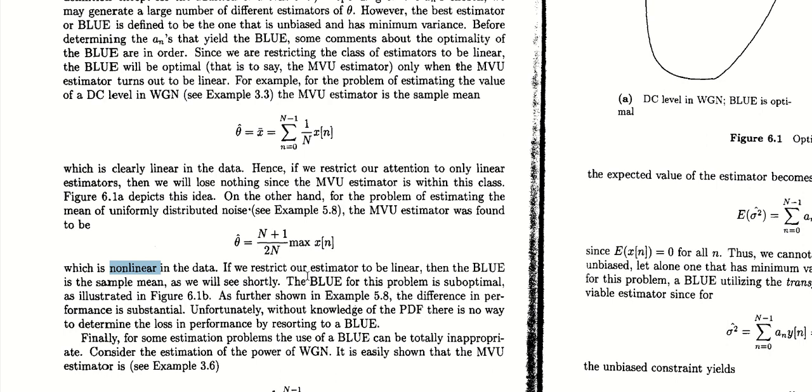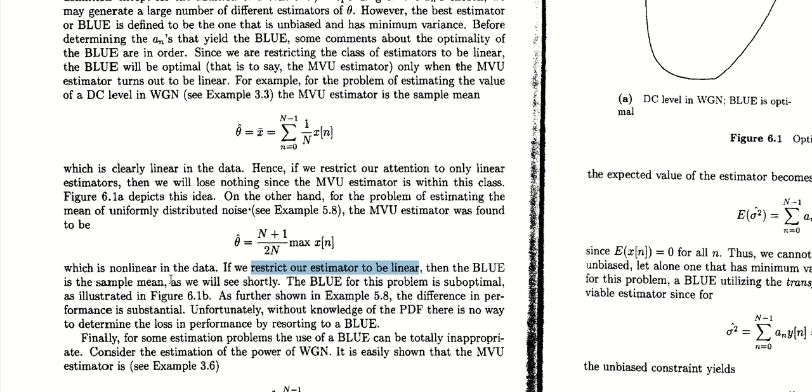You have a bunch of data, x0, x1, x2, all the way to x N minus 1, and then you take the maximum. Will that be linear? Of course not. So if we restrict our estimator to be linear, then the BLUE is the sample mean.